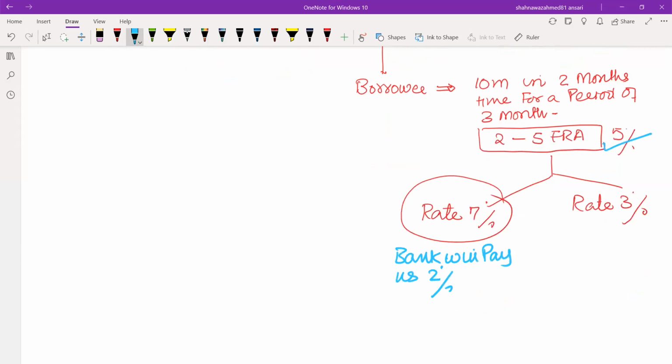And if the rate goes down, we'll pay the difference to the FRA bank. So we cannot get the benefit of a favorable movement, but we can protect against adverse rate movement.